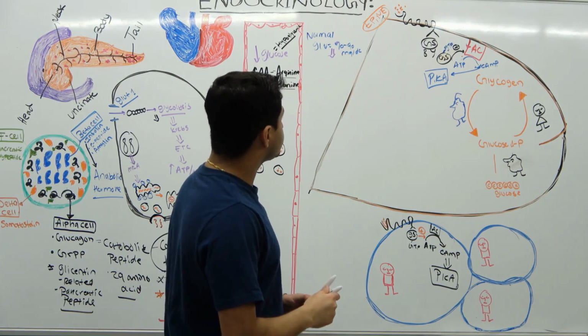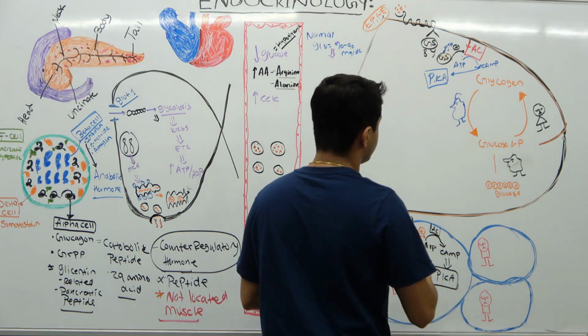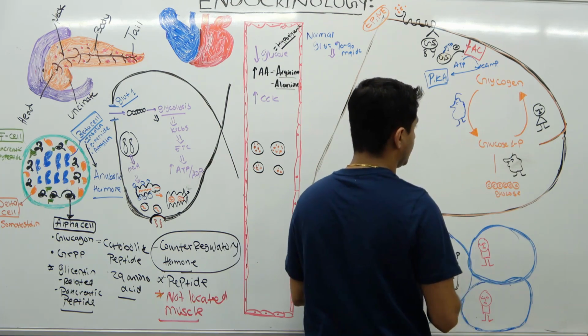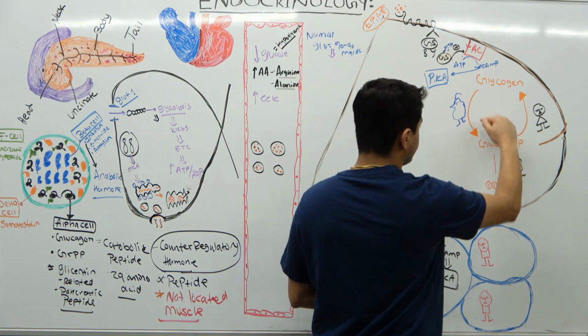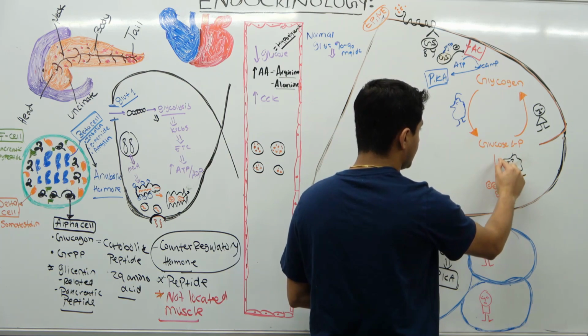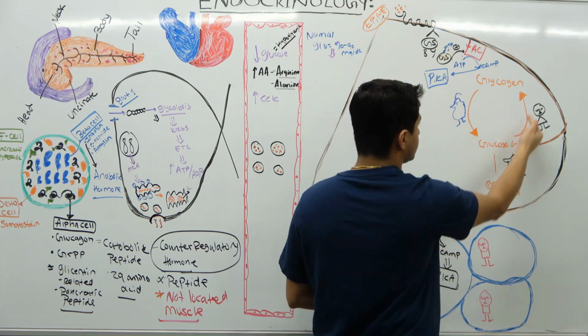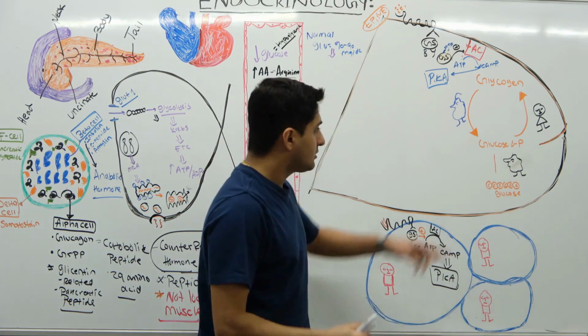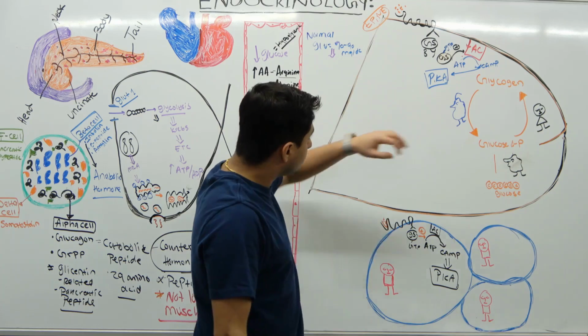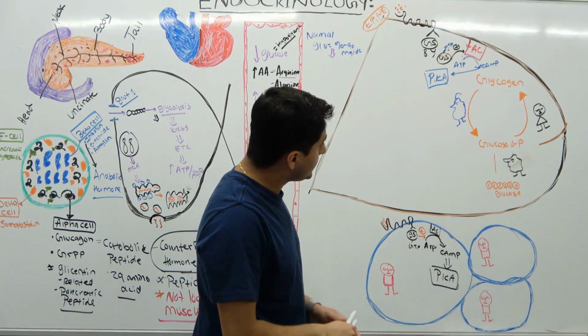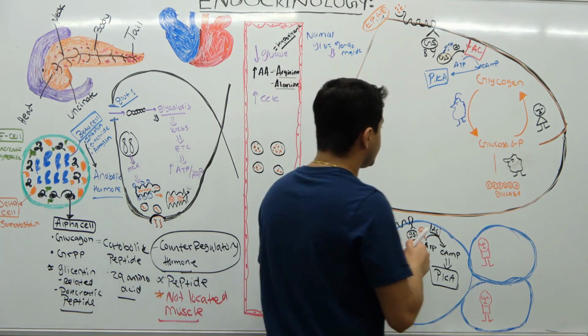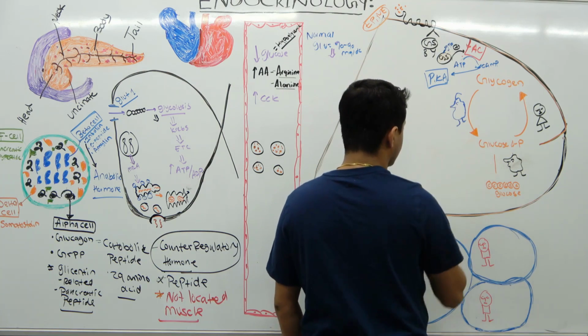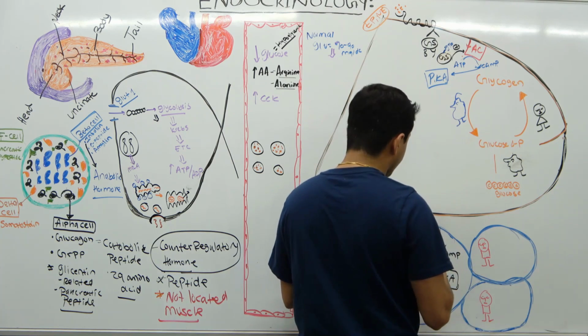Now, this guy comes, and look at this, this is glycogen, and this is glucose, and there's glucose 1-phosphate. One direction leads to the formation of glycogen, and this one leads to the breaking down to glucose 1-phosphate, okay? So protein kinase A will come and phosphorylate this very important enzyme right here.